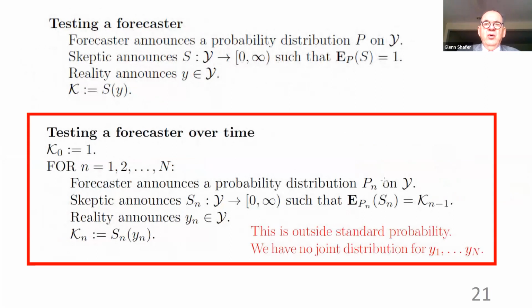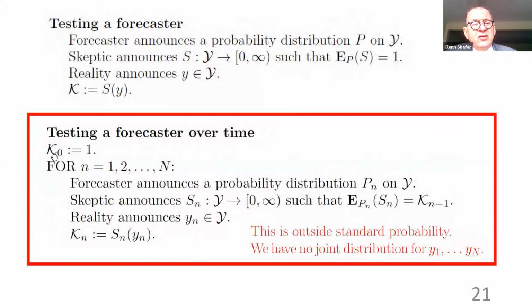Okay, now we do something serious. Instead of having one step, we have many steps. We start with $1. Now, K0 is our initial capital. I didn't say that here. I took it when I said the expected value of the payoff had to be 1. I had in the background the idea that I start with $1 or £1 sterling as my capital, or €1 or whatever.